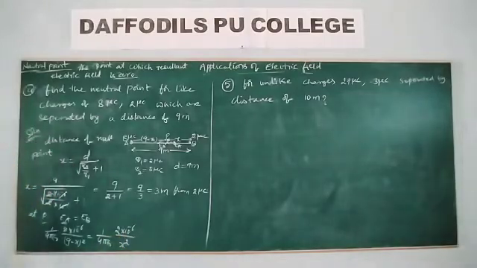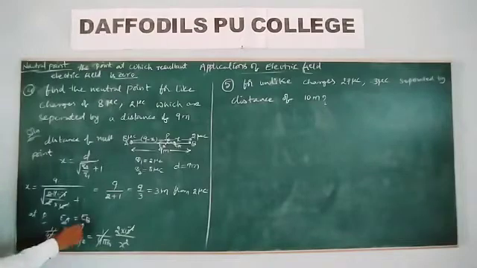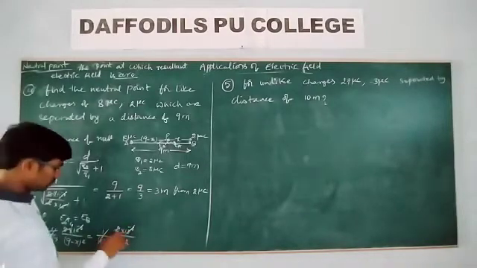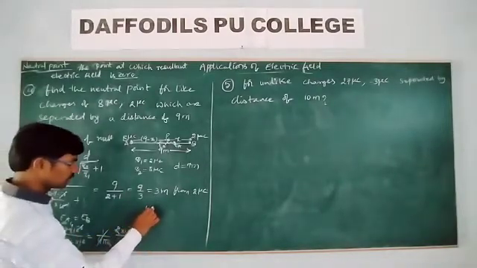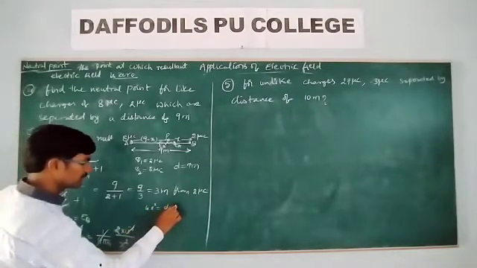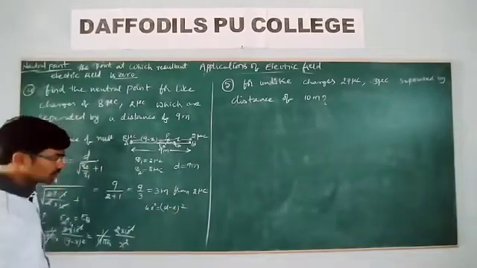This cancels, 10 power minus 6 cancels, 8 by 2 is 4, then 4x square. Do cross multiplication: 4x square is equal to (d minus x) whole square.